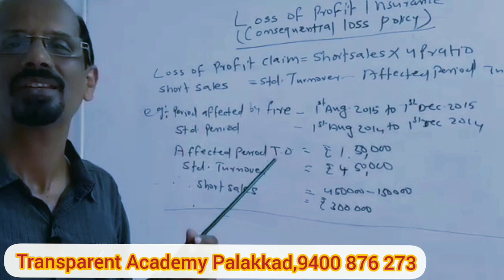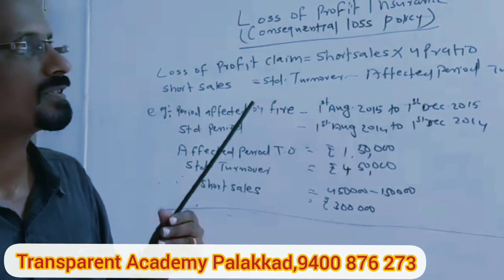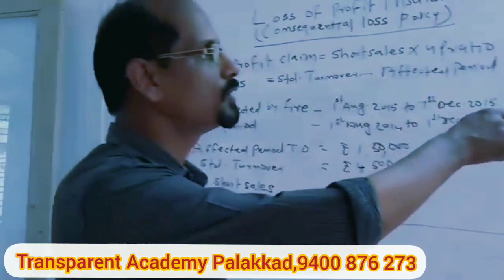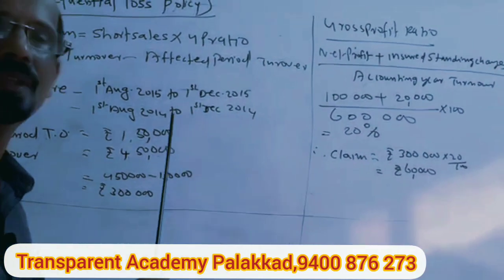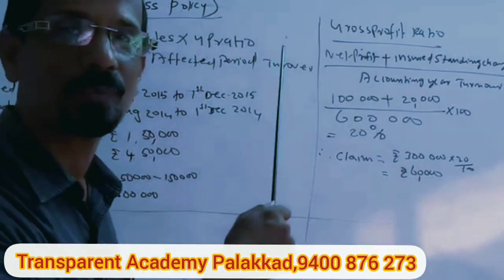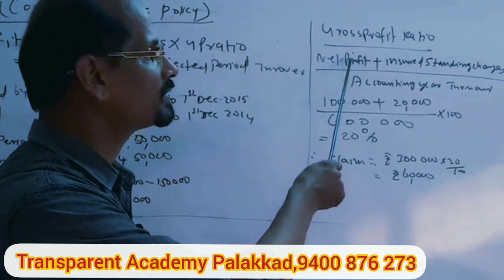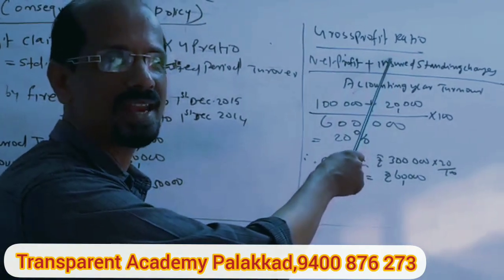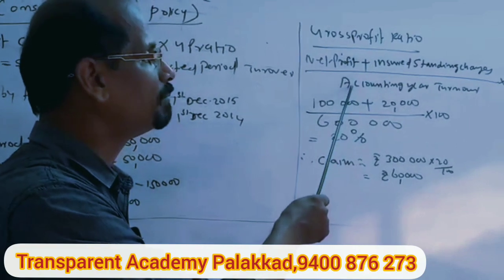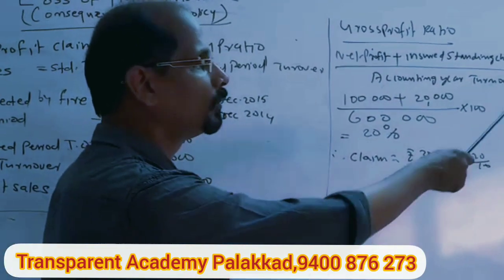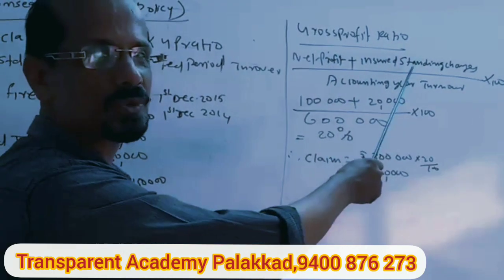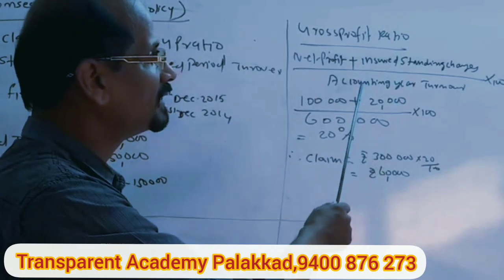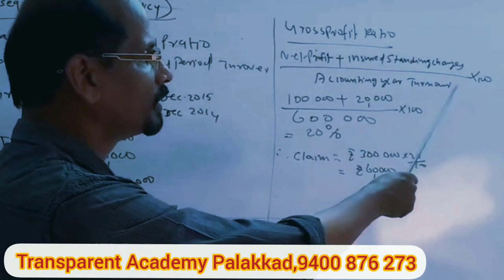Then you have to calculate the profit which is lost in this short sales. How will you calculate the loss of profit? For that purpose, you have to calculate the GP ratio. The GP ratio is net profit plus insured standing charges divided by accounting year turnover into 100.